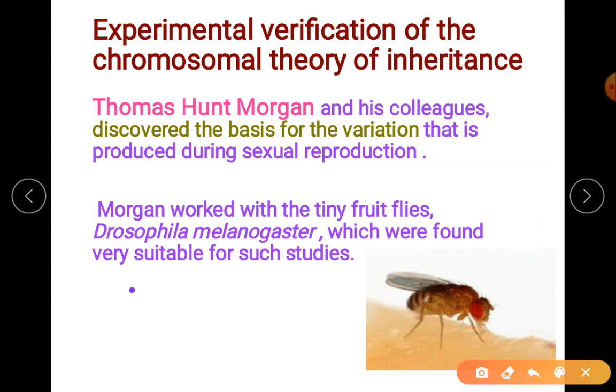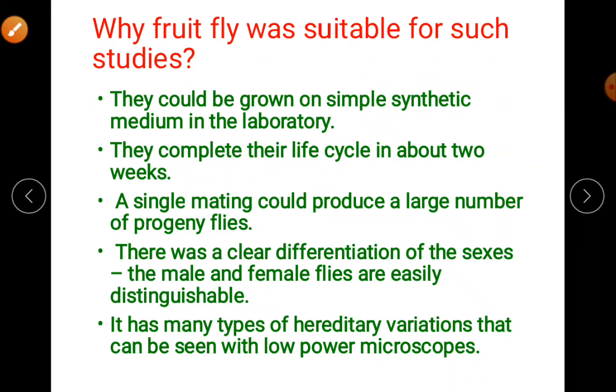So this was very suitable for studies. This particular fruit fly is called the Cinderella of genetics. It was very useful and very easy to handle. So you will understand why, among all organisms, he selected the fruit fly for his study.